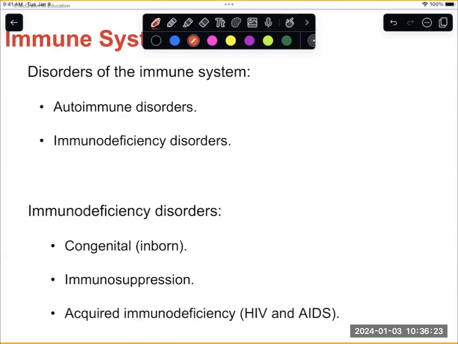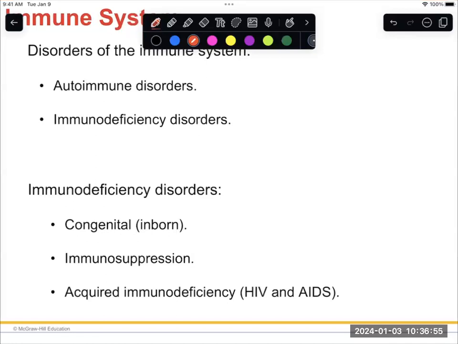There's psoriasis, IDDM, MS, multiple sclerosis, immunodeficiency disorders. It can be congenital, acquired, or side effects of medications like corticosteroids, where your immunodeficiency means you don't have those immune cells to help keep you healthy.